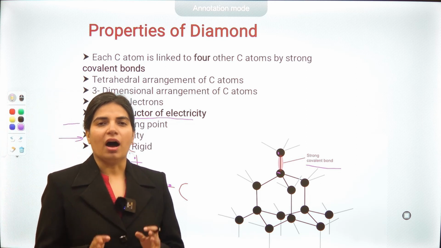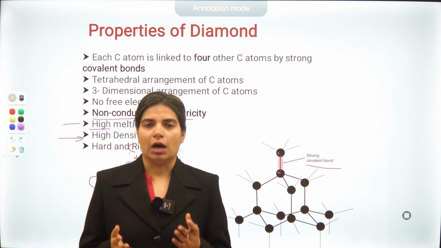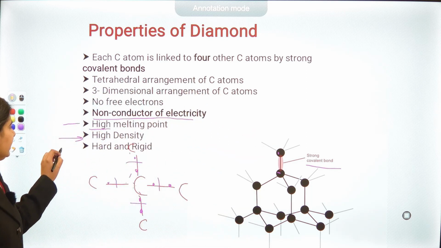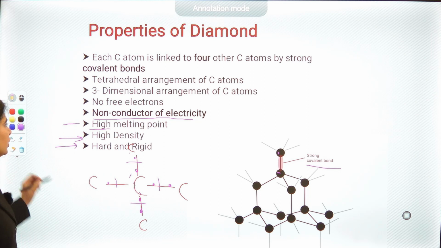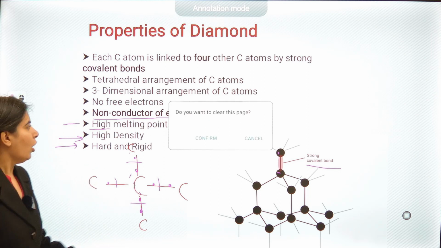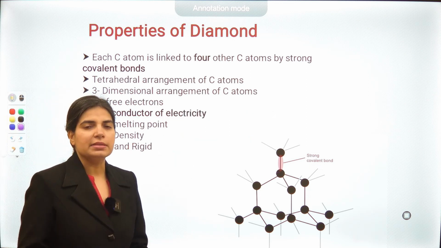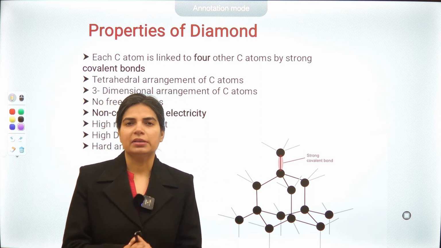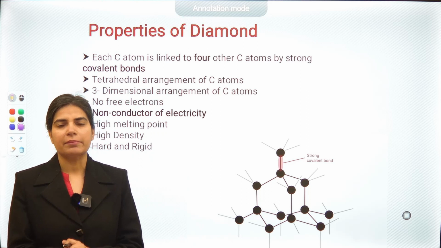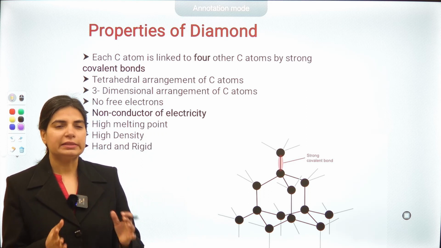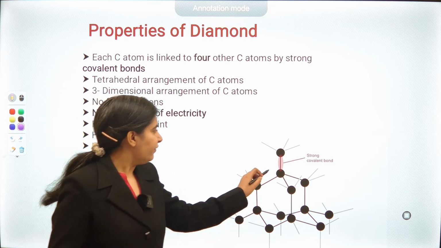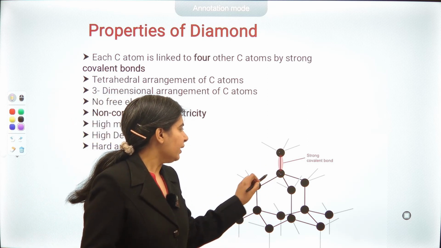So that enhances the density of our diamond. The next property is hard and rigid. We know that diamond is very hard. If we try to compress the diamond, it is not easy to compress the diamond because the diamond is very rigid. Every carbon is attached to another carbons.